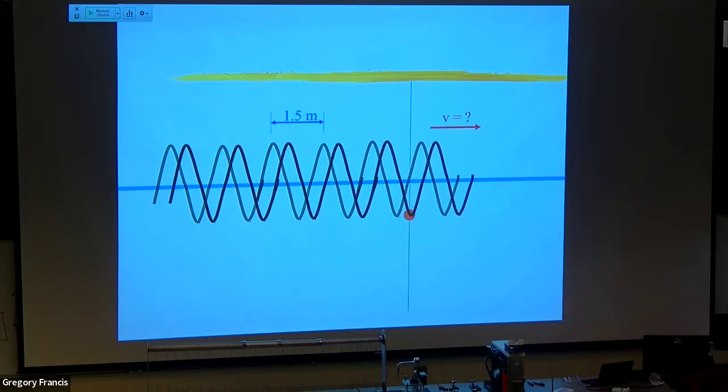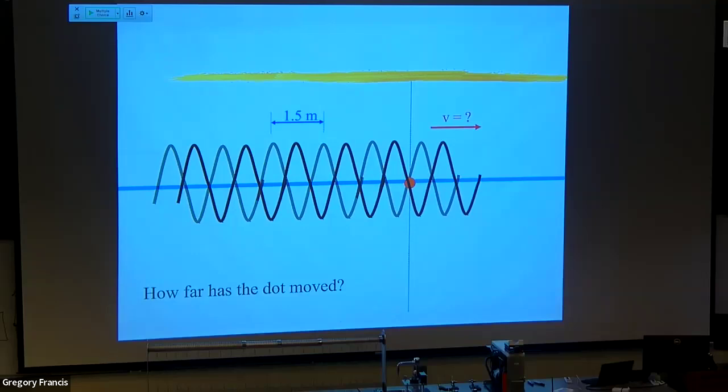Okay, it's just moved a quarter of a wavelength, and that orange dot has moved from equilibrium down there. And how far did it move? Well, the amplitude of this wave is 1 centimeter. So it just moved from equilibrium to the amplitude, 1 centimeter.